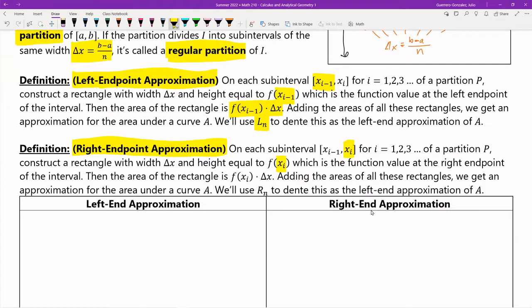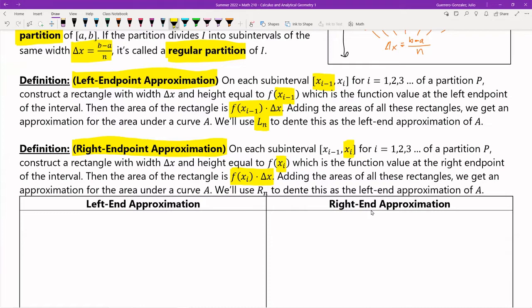So that's what's giving us our right endpoint approximation, right? Then the area of all these rectangles is equal to this right here. So this is going to be the height, and this is going to be the width, right? And if we add all these rectangles up, this is going to be an approximation to the area under the curve. We're going to call it A, okay?